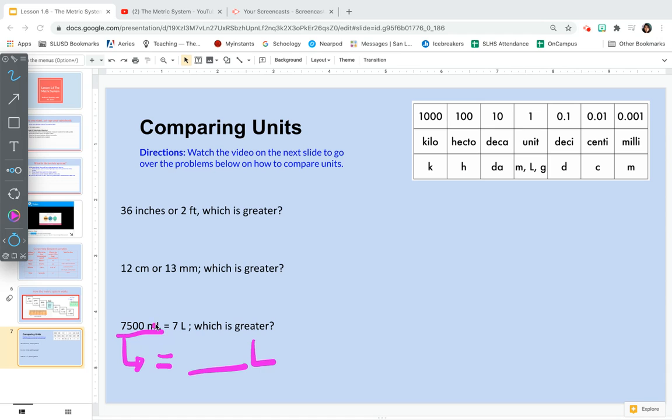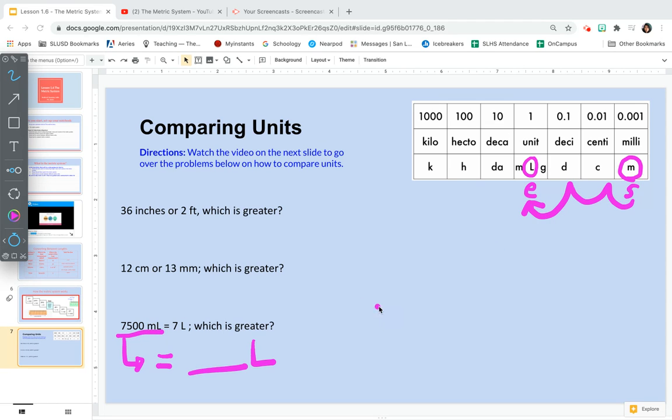So starting with milli, mL, milli is here. Here's my starting point, and then I'm going to the base unit, right? So I'm starting here because that's where my number is starting, and I'm ending here. So that means wherever the decimal point is, I'm going to move it 1, 2, 3 spaces to the left, right?